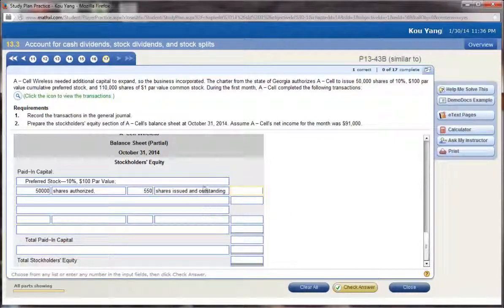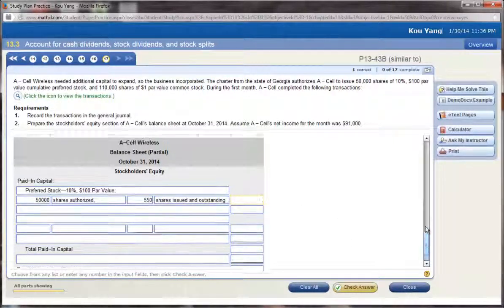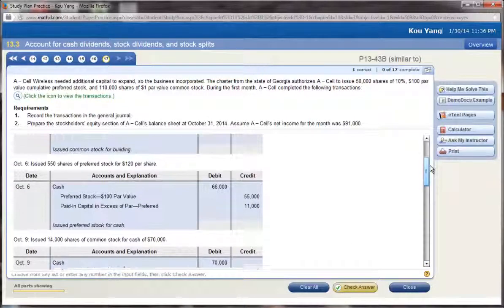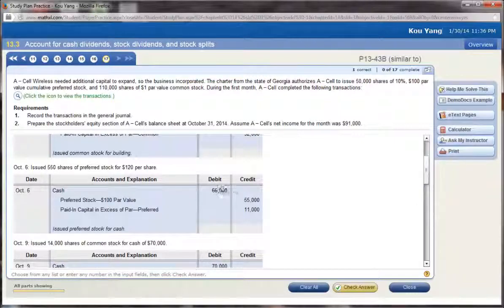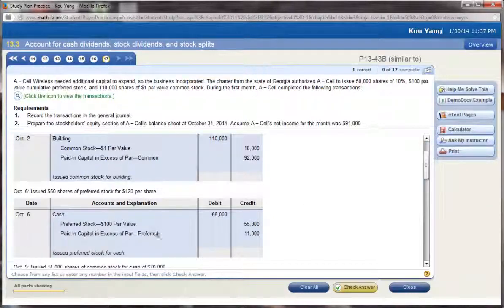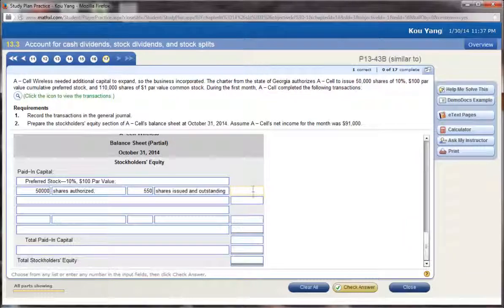And what you're going to do is go back up to your journal entry, and look at this amount here, the 550 shares for preferred, for 55,000. Okay, right here, 55,000 at $100 par. All right.